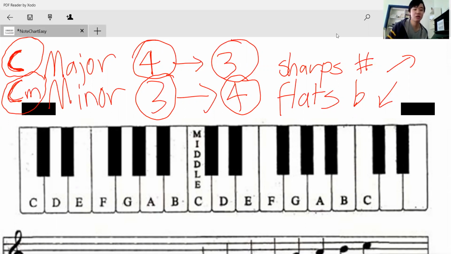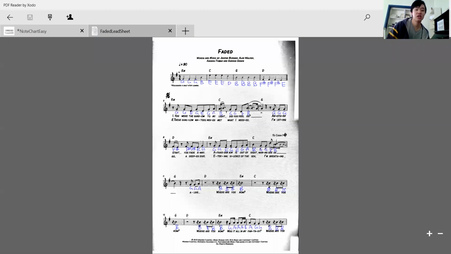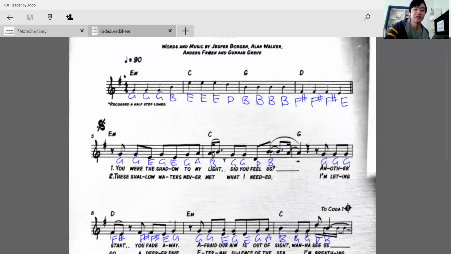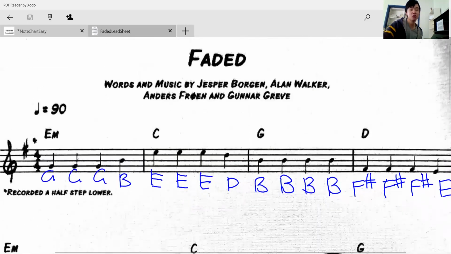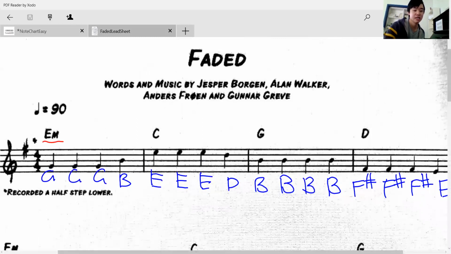So let's have a look at how this might look on a piece of music. Okay, so we have the lead sheet for Faded over here. Let's have a look at which ones are major chords. In the top line over here, we've got 4 chords: 1, 2, 3, 4, and they always appear at the top.